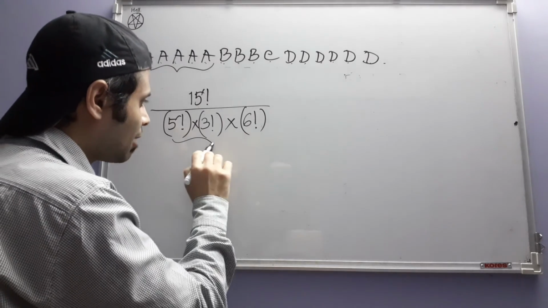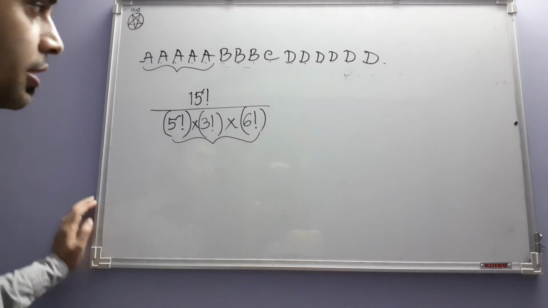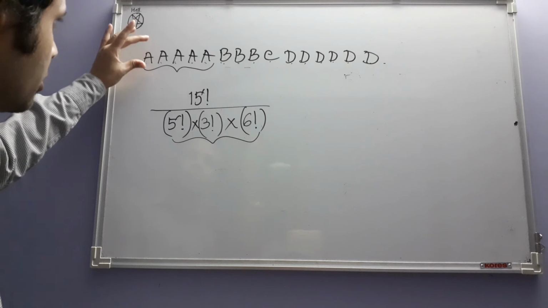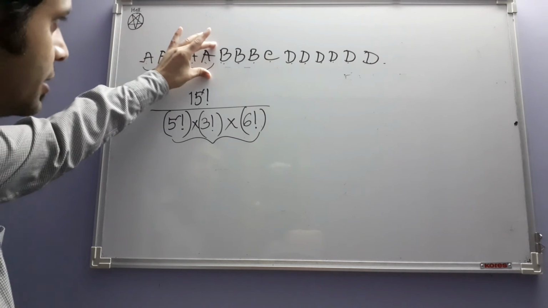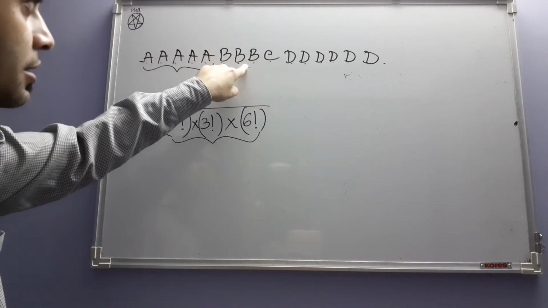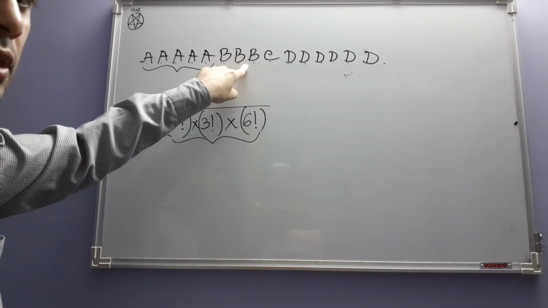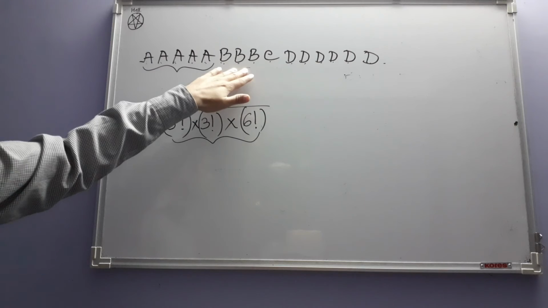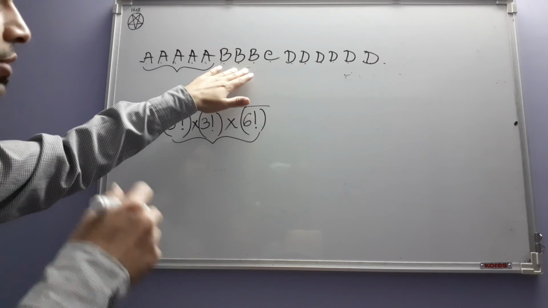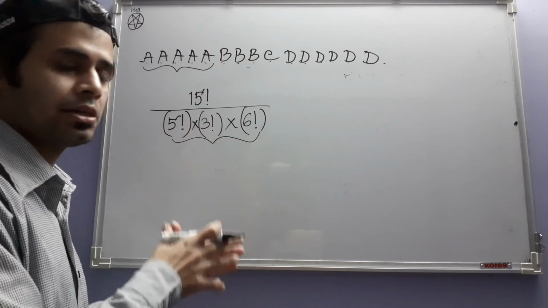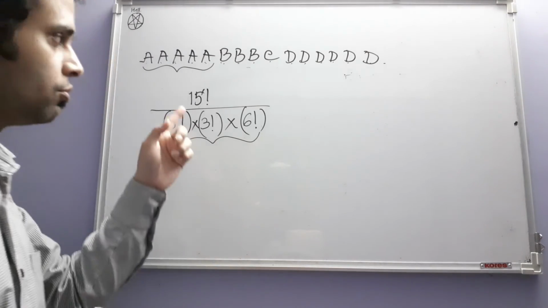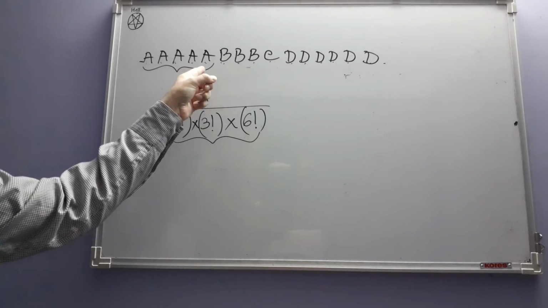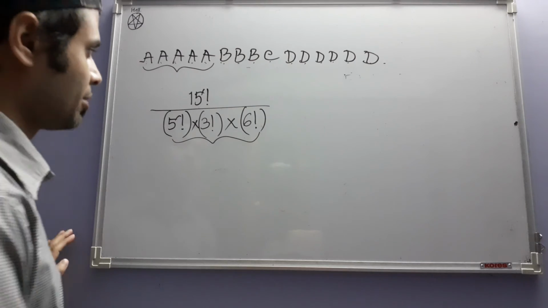And why are we multiplying these numbers in the denominator? Because for each arrangement of these A's, B is getting arranged in 3 factorial ways. For another arrangement also the B's are arranging themselves in 3 factorial ways. So that's why we are multiplying the numbers by the fundamental principle of counting, or multiplication rule.